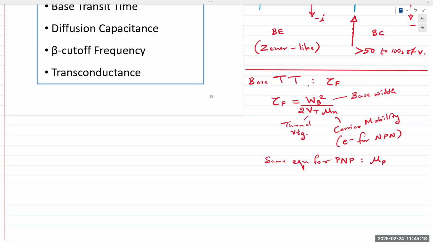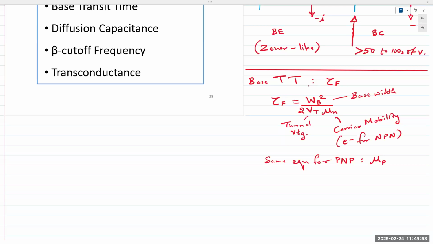So key things. Transit time is directly proportional to the base width. I mean, obviously, the farther you have to go, the longer it's going to take. It is inversely proportional to the thermal voltage and inversely proportional to the carrier mobility, which means if the primary charge carriers in your transistor are electrons, then the speed is faster, so transit time is lower.